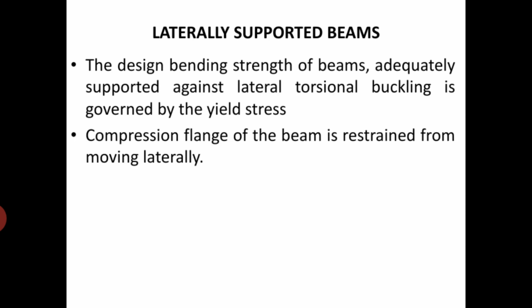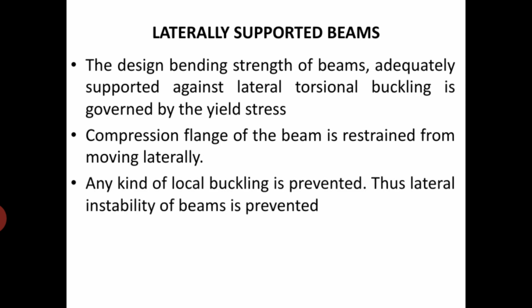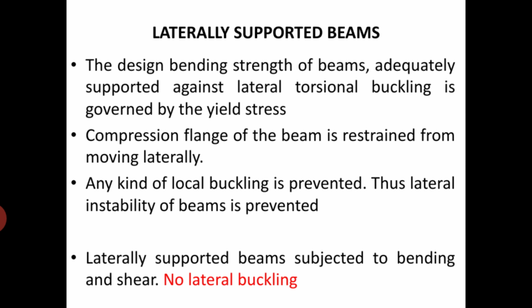Then the compression flange of the beam is restrained from moving laterally. Any kind of local buckling is prevented, thus lateral instability of the beam is prevented, and a laterally supported beam is subjected to bending and shear only, no lateral buckling.